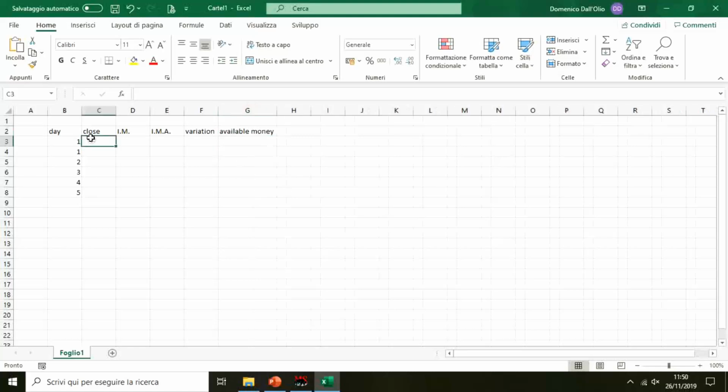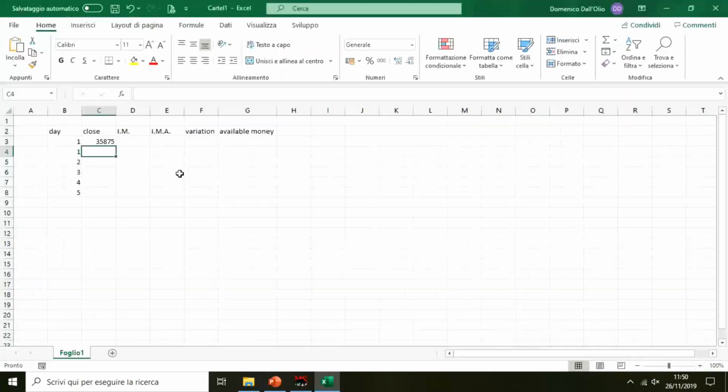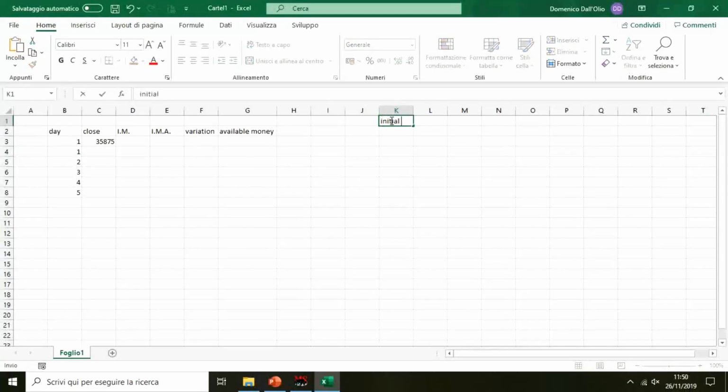So in the moment of purchase, the price is 35,875. At that time, the initial margin was only 9%.